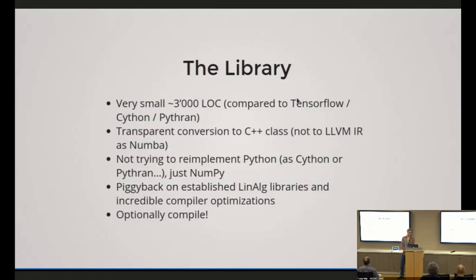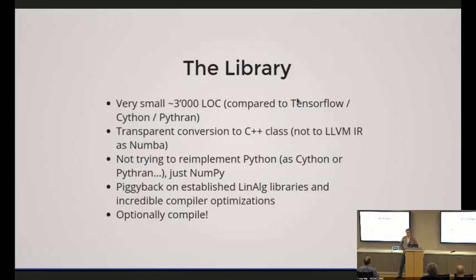Not like, for example, Theano, which compiles to LLVM intermediate representation, which is very hard to read, while the result of Jet is pretty transparent to use and to read and maybe debug, which hopefully won't be necessary. And we're not trying to re-implement Python, which other JIT compilers try to do. We focus on just NumPy, just the numeric part.